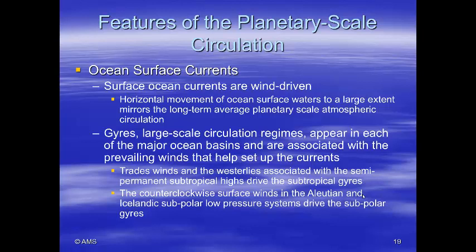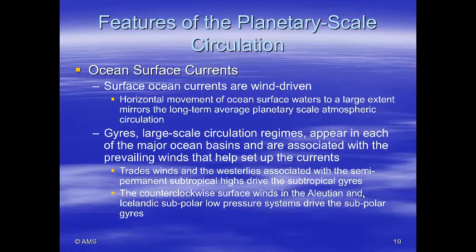We also see that ocean surface currents play an important factor. So the surface ocean currents are wind-driven. Their horizontal movement of the ocean surface waters to a large extent mirrors the long-term average planetary scale atmospheric circulation. Gyres, which are large-scale circulation regimes, appear in each of the major ocean basins and are associated with the prevailing winds that help set up the currents.